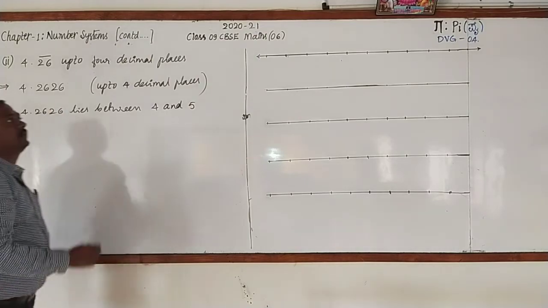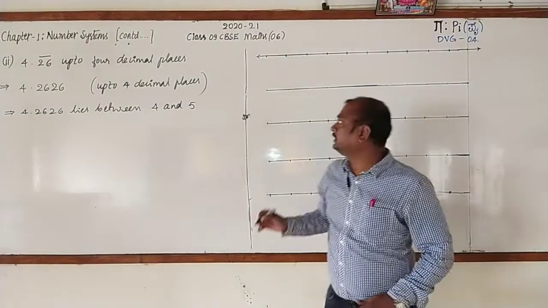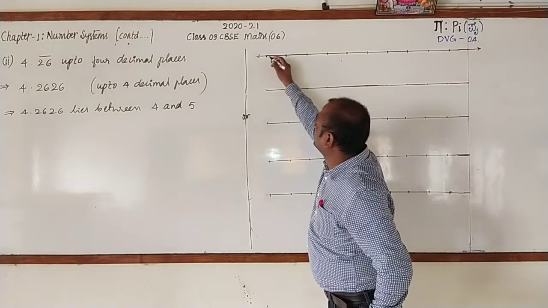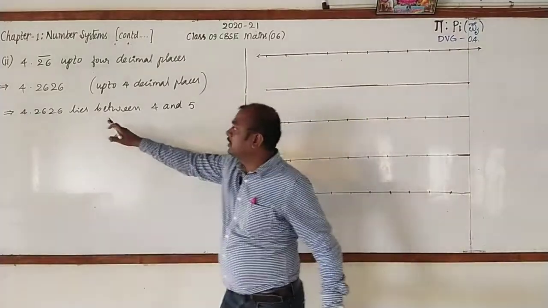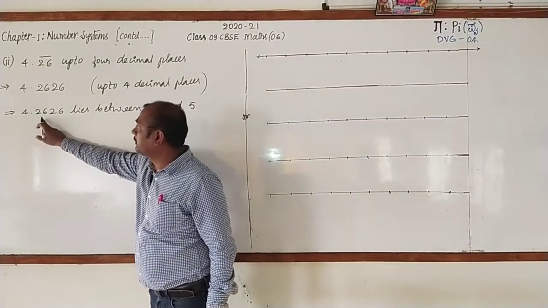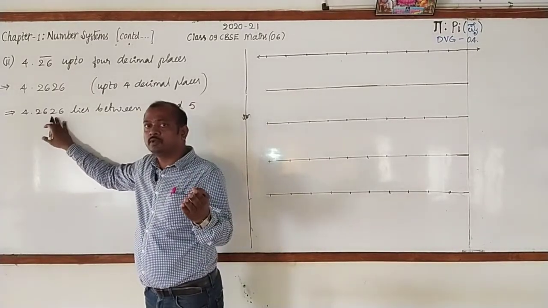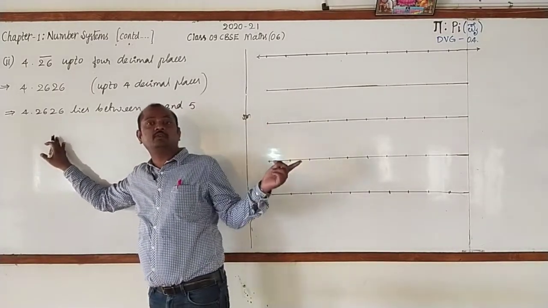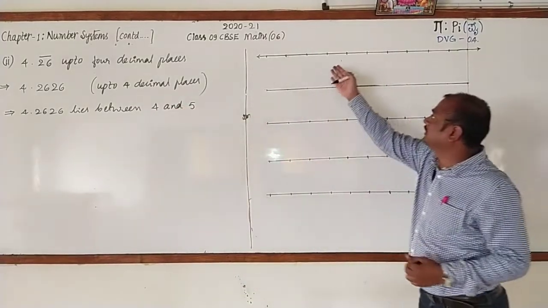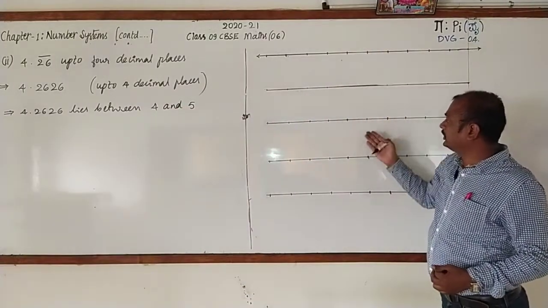Now I'll draw the number line first. One more thing you must remember: in the decimal part, how many digits are there? 4. Then how many number lines do we have to draw? Yes, 5. 1, 2, 3, 4, 5.